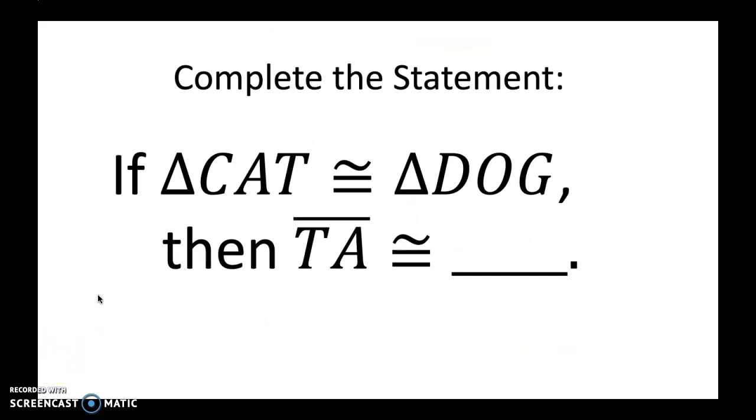Complete the statement. If triangle CAT is congruent to triangle DOG, then segment TA is congruent to what?